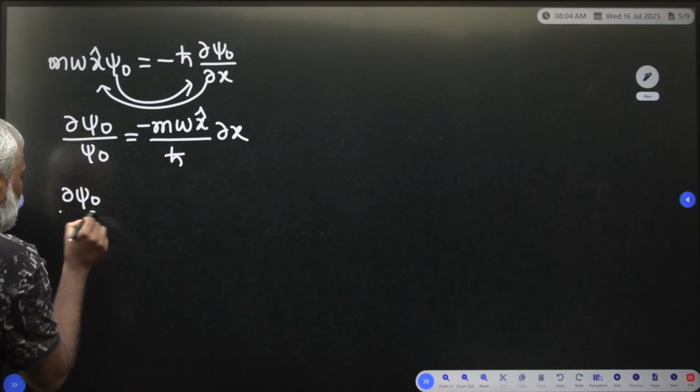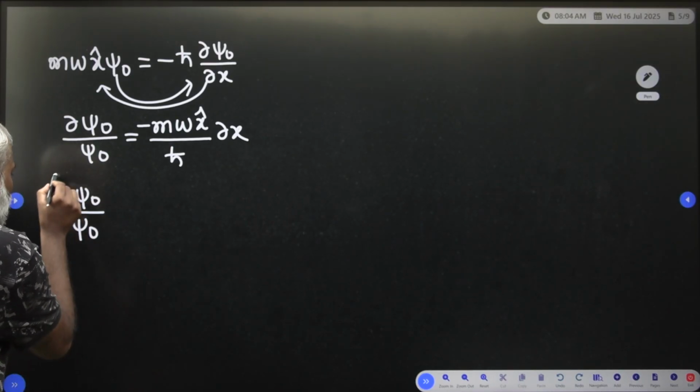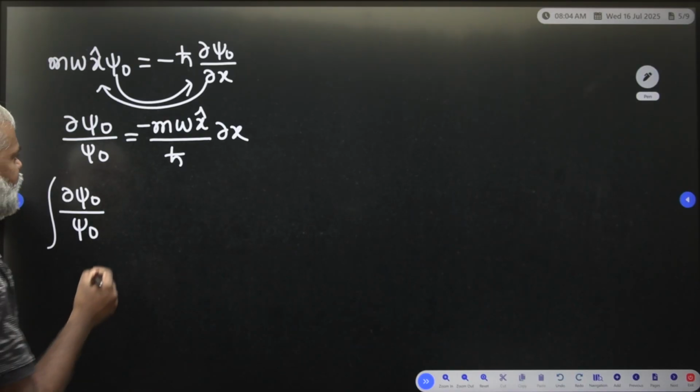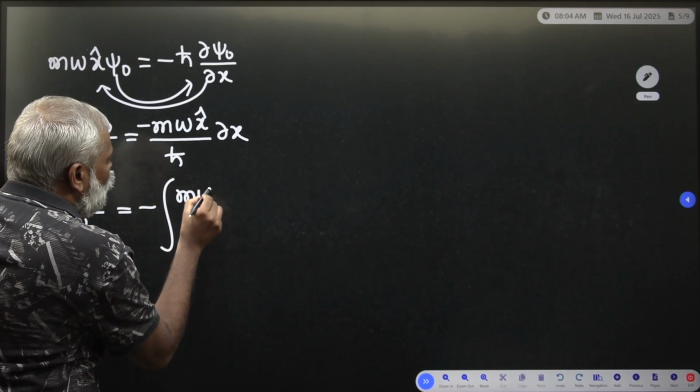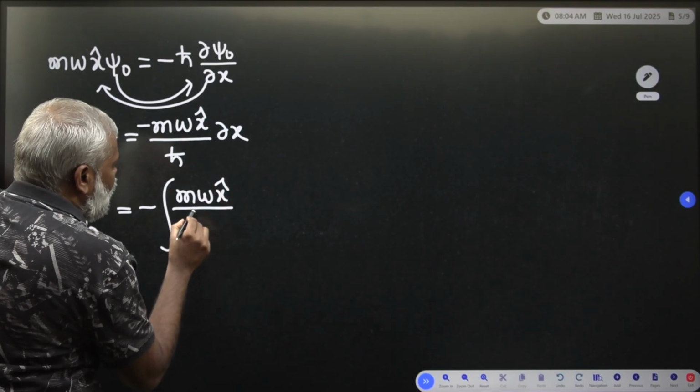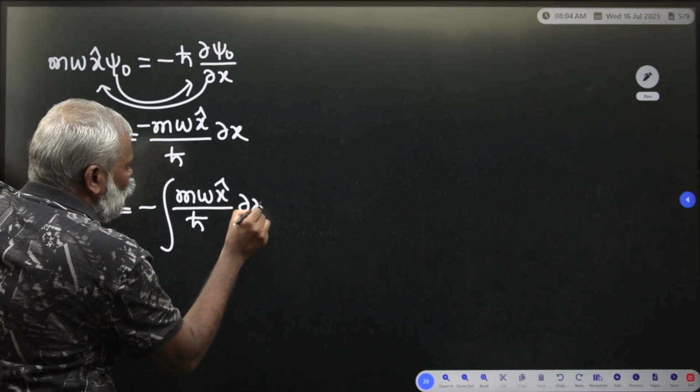The integral of dou psi 0 divided by psi 0 is equal to minus the integral of m omega x divided by h cut into dou x.